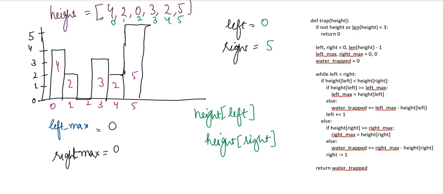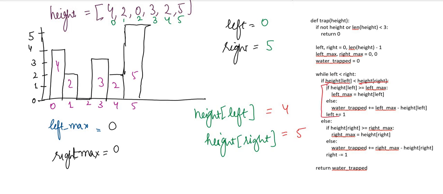First of all, height of left is 4, height of right is 5. We have to keep on moving this loop while left is less than right. Then, height of left less than height of right, it is true, so we will process this left part.